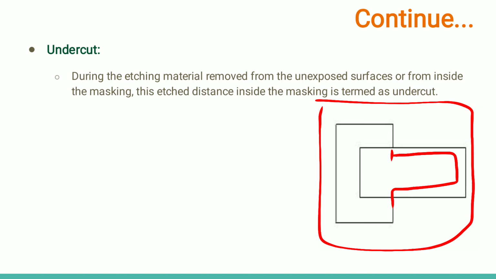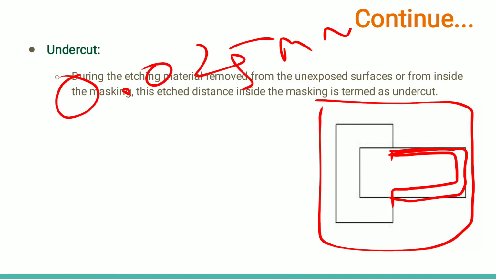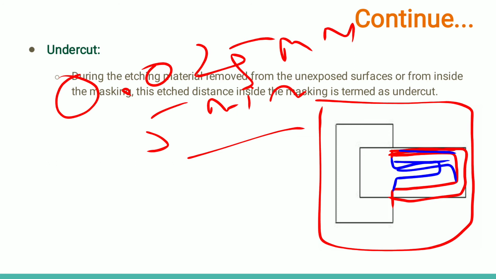For example, this material has been removed in the first 5 minutes. So this surface, 0.025 mm, has been removed in the first 5 minutes. In the next 5 minutes, we again go for this part. Okay, this part will be removed in the next 5 minutes.